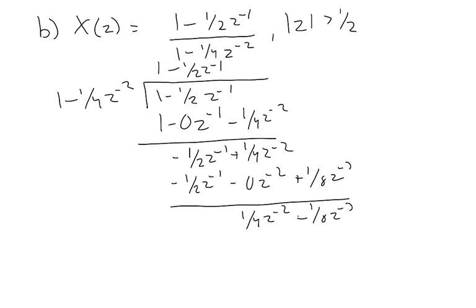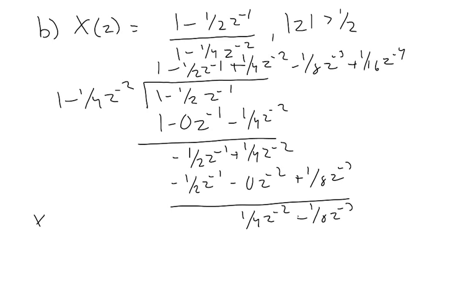So now naturally we just see what our next one is. It's going to be 1/4 z to the negative 2. And if you see the pattern we have going, the next one's going to be minus 1/8 z to the negative 3 plus 1/16 z to the negative 4. And it's going to keep going on and on.